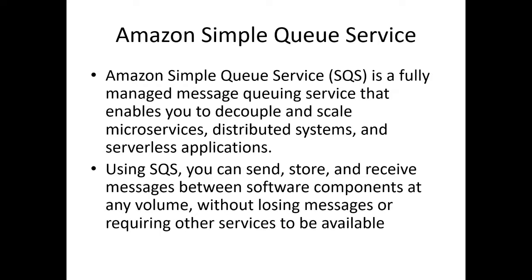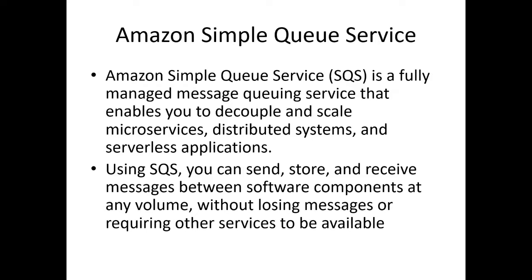SQS eliminates the complexity and overhead associated with managing and operating message-oriented middleware, and empowers developers to focus on different work. Using SQS, you can send, store, and receive messages between software components at any volume without losing messages or requiring other services to be available.